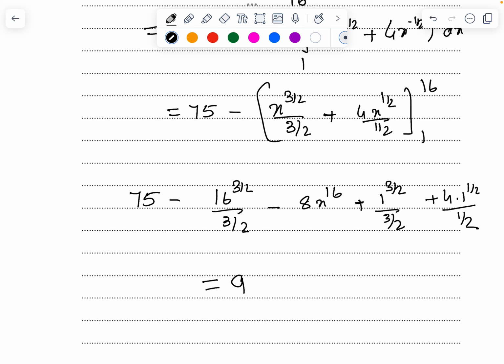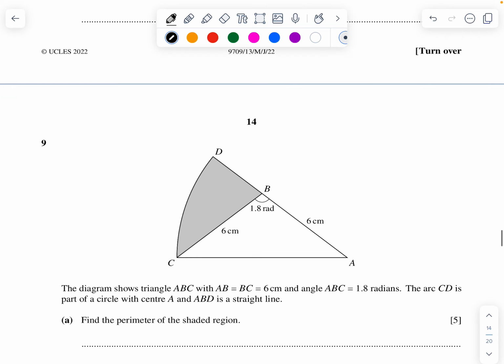You should be getting the answer as 9. So I substituted the upper limit as 16 and over here it should be 16x to the power of half and lower limit as 1. Substitute and simplify that answer and get the answer as 9.